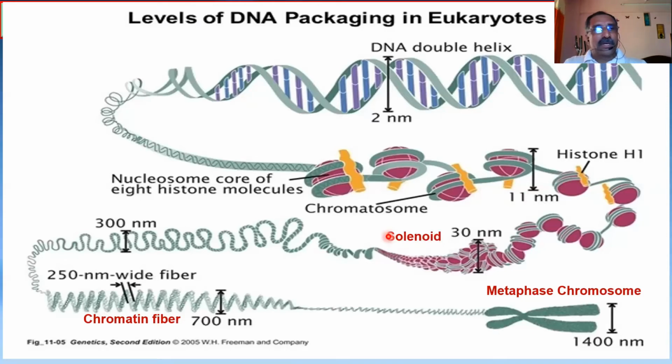Okay, so the nucleosome is coiling again, and it becomes solenoid. Its size is 30 nanometer. This is thicker than the nucleosome bearing chromatin.